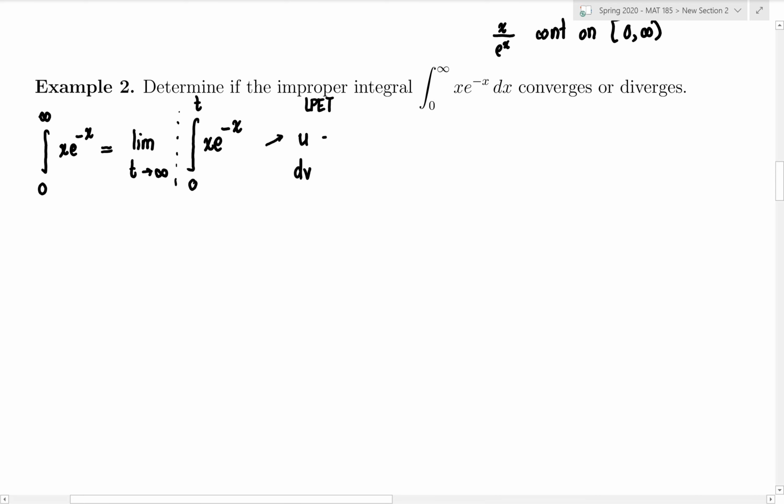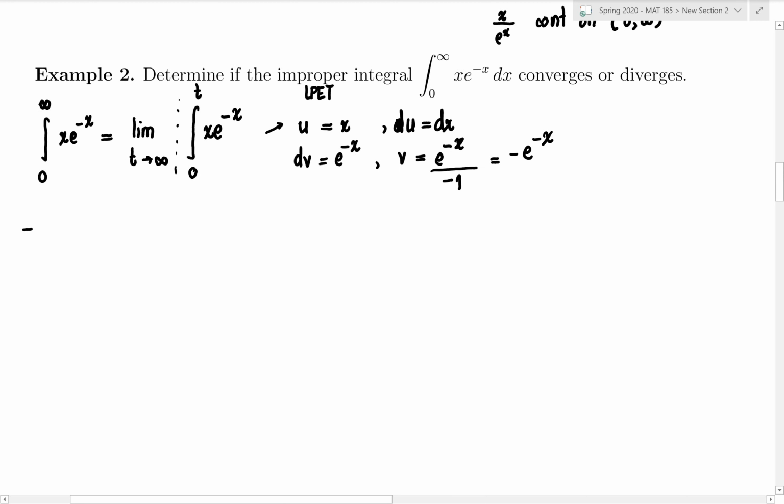Well, the first is x, since it's a polynomial, so I have u equal to x, dv equal to e to the negative x dx, which means du is just dx, and the integral of e to the negative x, this is e to the negative 1 times x, which means I get e to the negative x divided by negative 1, which is negative e to the negative x.